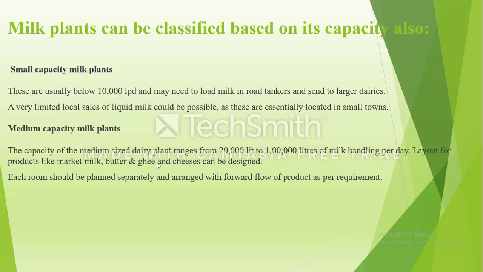Milk plants can be classified based on capacity into three categories: small capacity, medium capacity, and large capacity milk plants. A small capacity milk plant is usually below 10,000 LPD and may need to load milk in road tankers and send it to larger dairies.